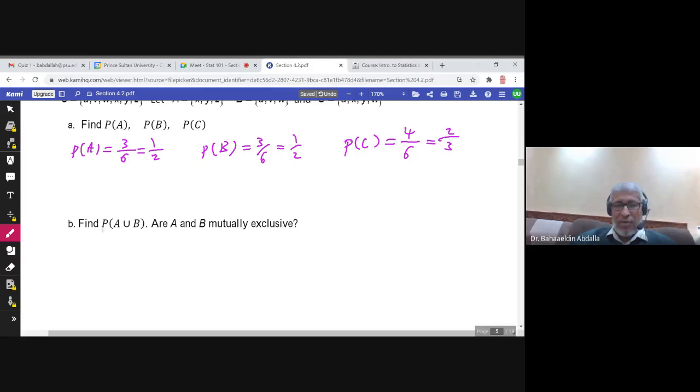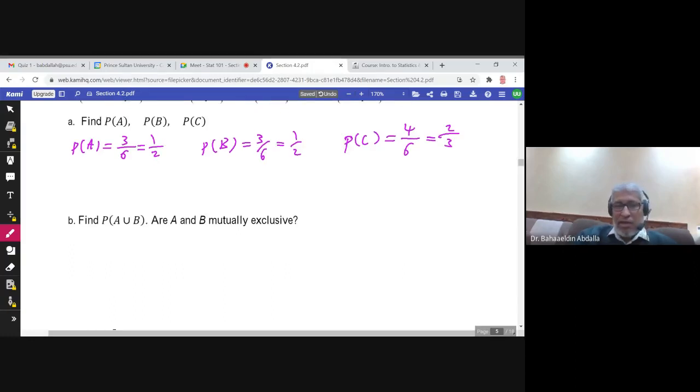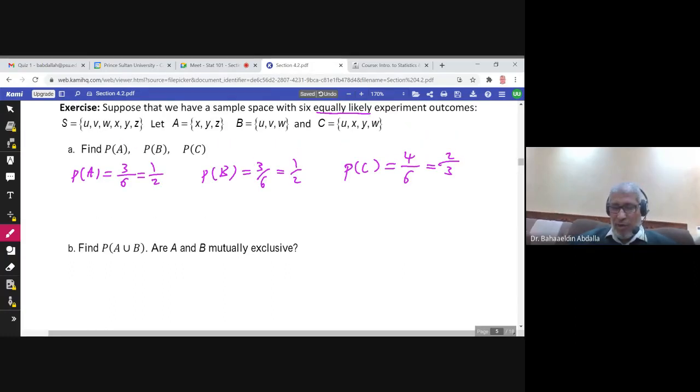Now find probability of A union B. To find the probability of A union B, I can use the formula, or I can use another method, which is the following. I can find A union B first. Think of A union B. This is A, this is B. What is A union B?